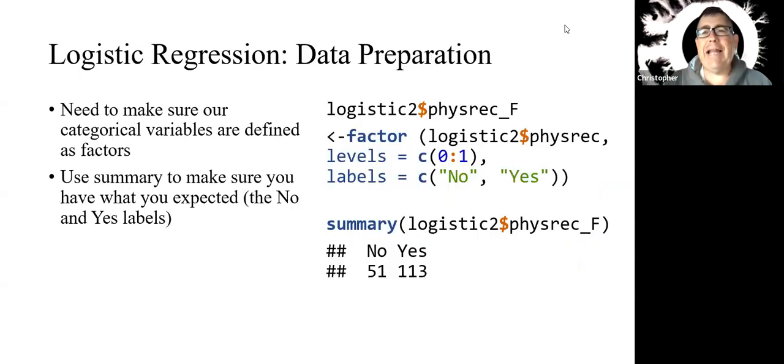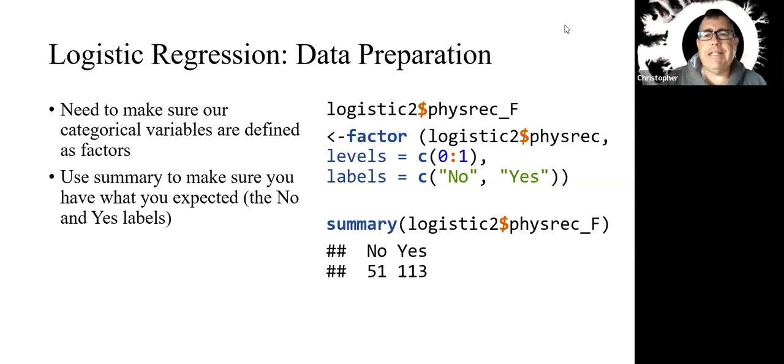All right, one last piece that we need to talk about in this video is data preparation. We need to make sure and verify before running our analyses that our categorical variables are defined as factors. Sometimes you'll have categorical variables that are just coded as 0 and 1, but they're actually numeric variables.